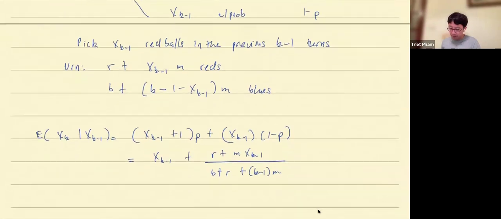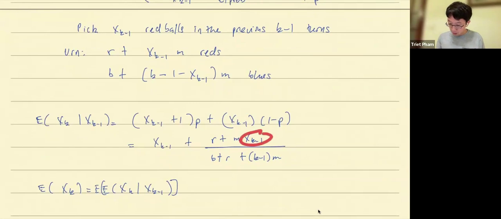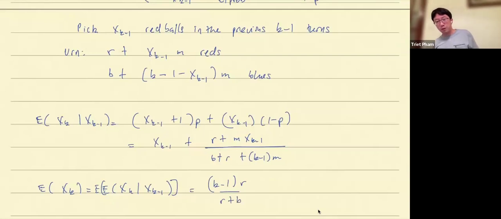And so when we take the outer expectation, all we're doing is taking expectation of this, and this. So we replace that with k minus 1 times r over r plus b, which is our induction hypothesis.